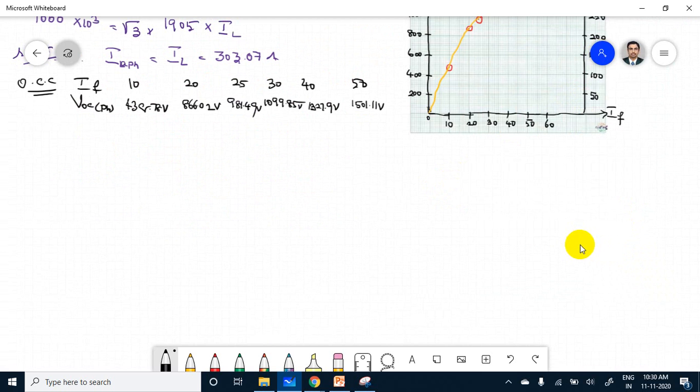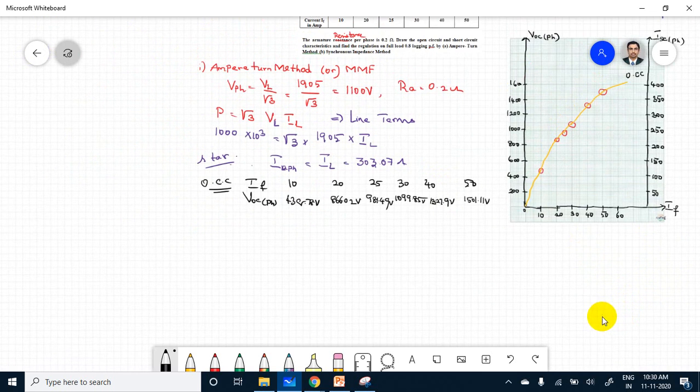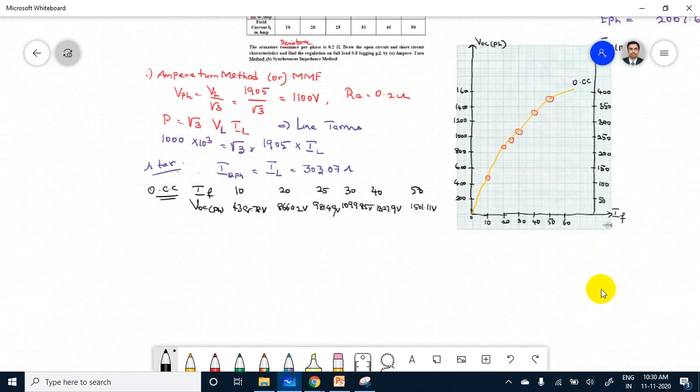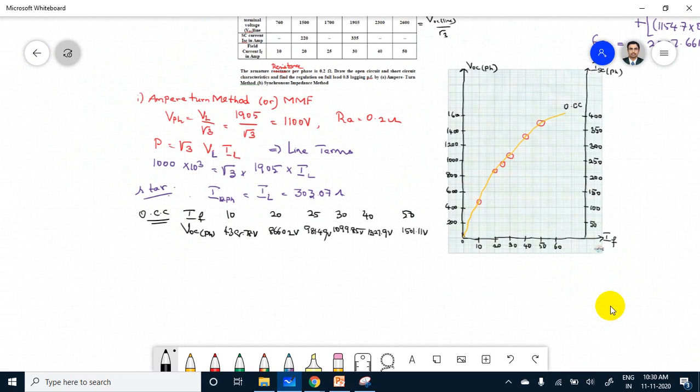To draw the short circuit curve, the x-axis is IF and the y-axis will be short circuit current per phase.